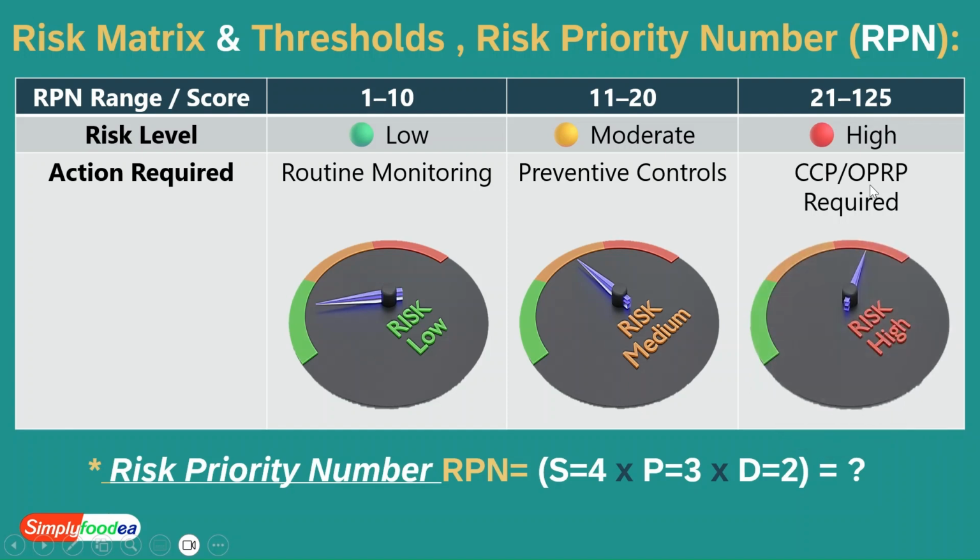If you want to differentiate between CCP and OPRP, you need to have the decision tree, or you can mention also that a score from 21, for example, to 50 will be OPRP, and from 51 to 125 will be CCP. Whatever you need, but you need to have clear criteria. So in this example, it will be a high risk because 4 multiplied by 3 is 12, and 12 multiplied by 2 is 24.